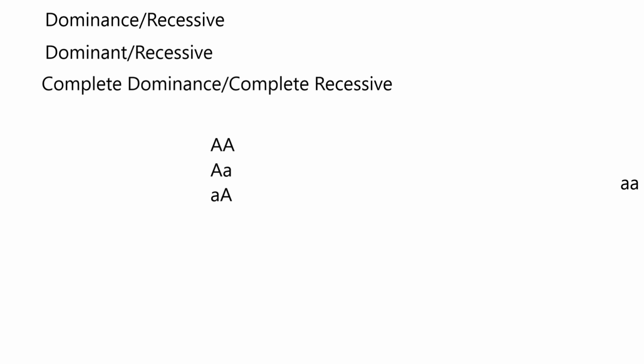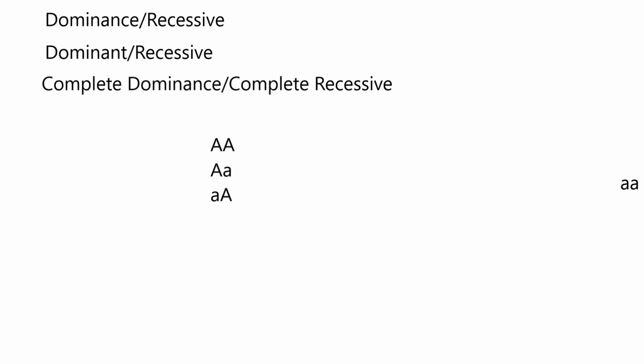Those three genotypes will all have the same phenotype, because as long as you have one copy of large A, then it's going to show that phenotype. Now remember, this is all at the same locus. We've got to remember the dominant recessive. So A is dominant over little a at the same locus.